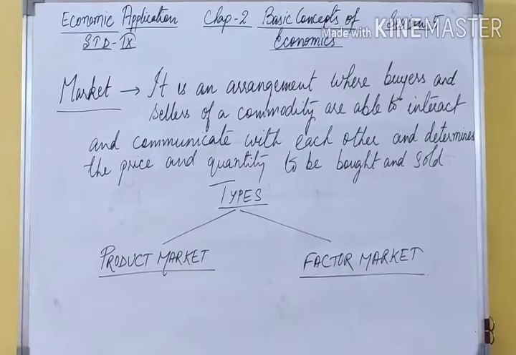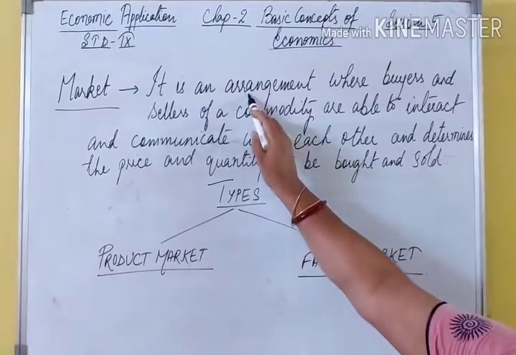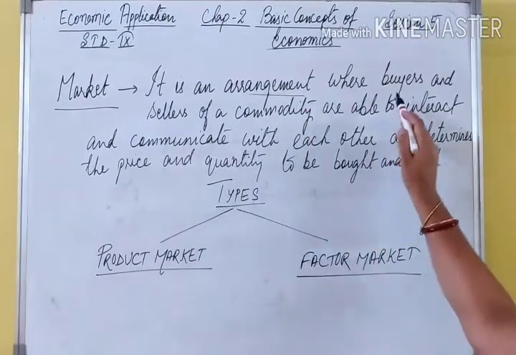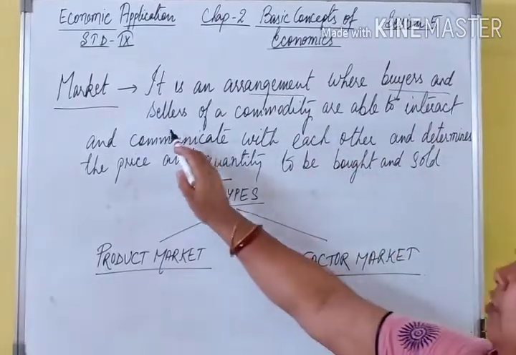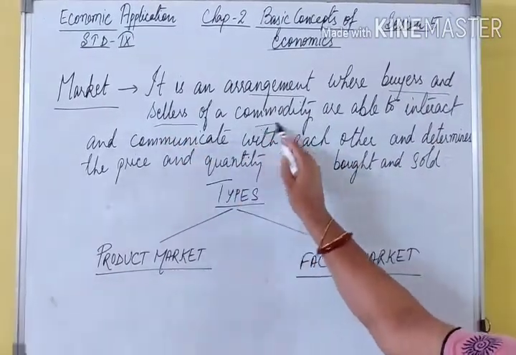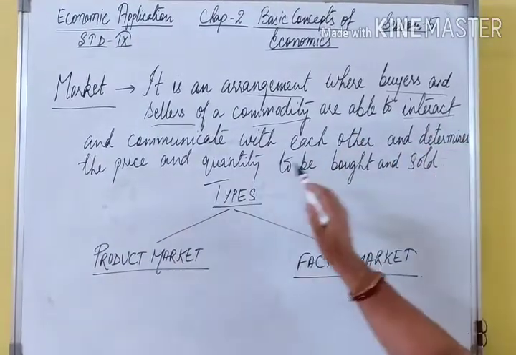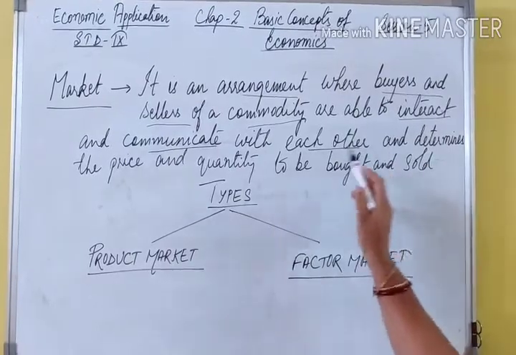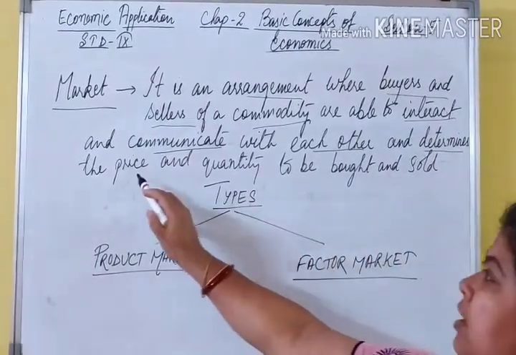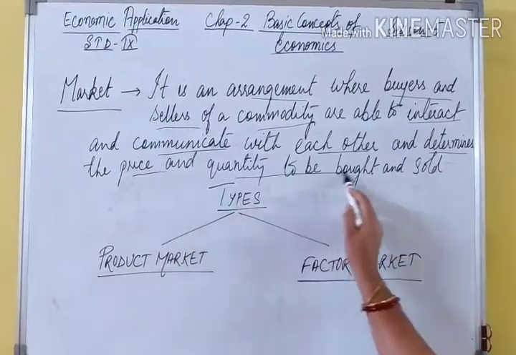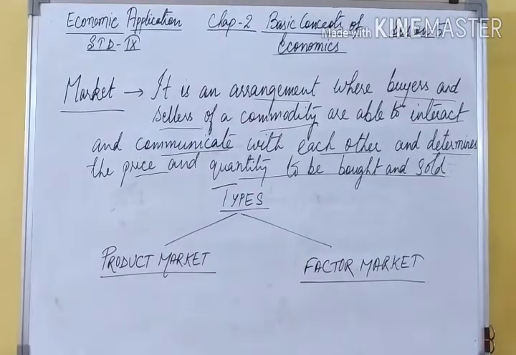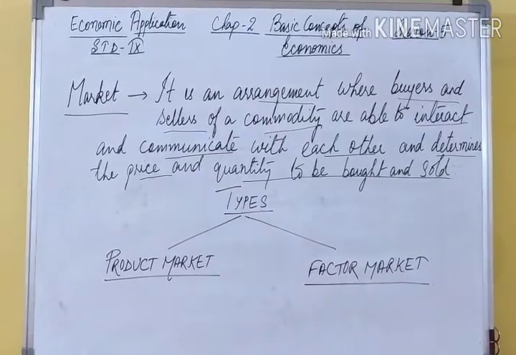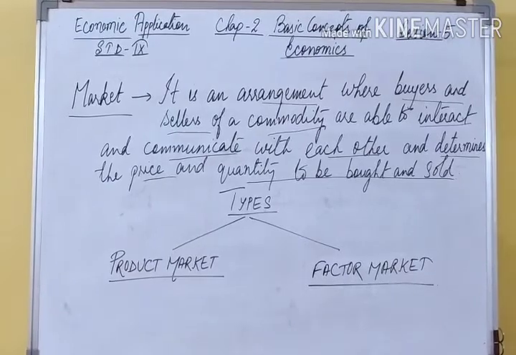So what are the keywords? The keywords are arrangement, where buyers and sellers of a commodity are able to interact and communicate with each other and determine the price and quantity to be bought and sold. So these are the keywords you have to keep in mind.